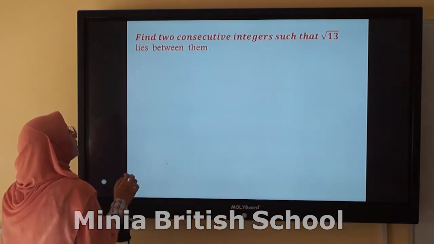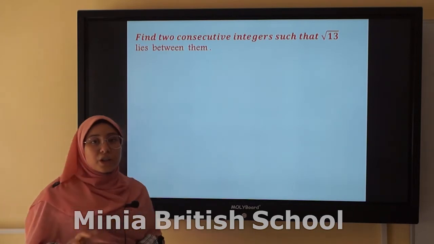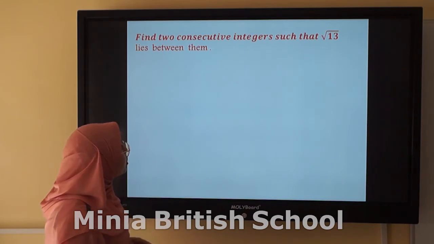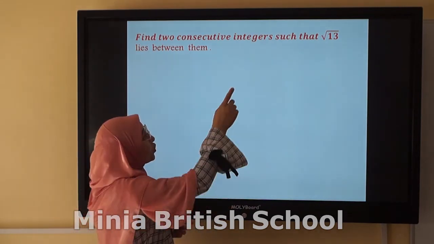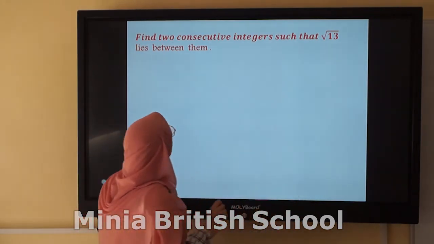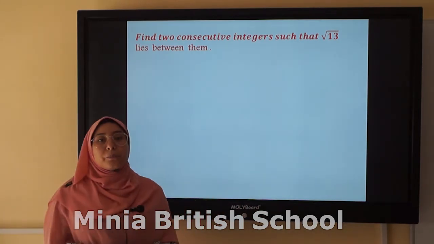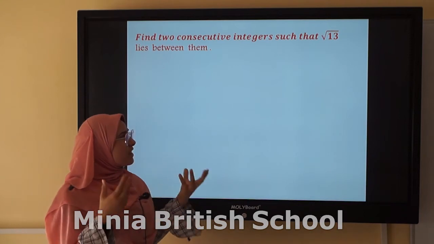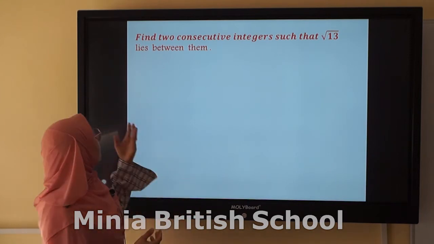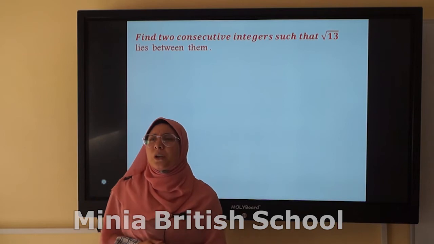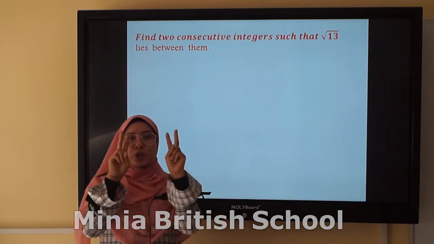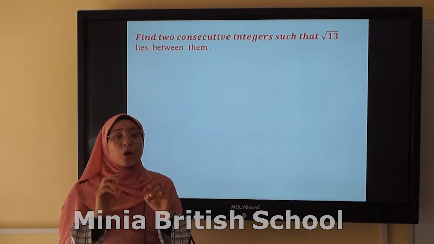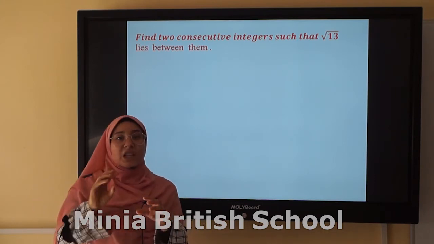Another idea here. Find two consecutive integers such that root 13 lies between them, okay? Two consecutive integers such that root 13 lies between them, so I will think about two perfect squares between which number 13 lies.